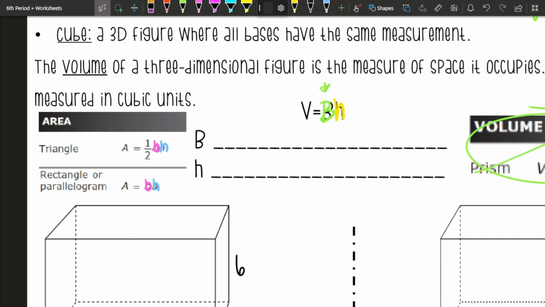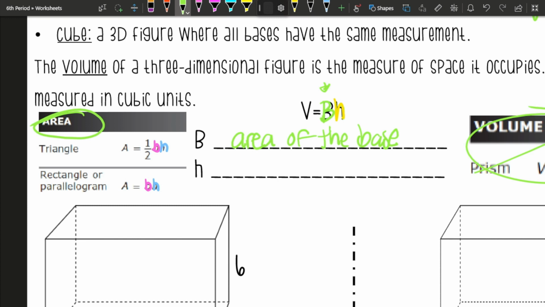So now, since we said we have a capital B, that must mean something, right? And we have a line in there that we're going to fill in. So uppercase B stands for area of the base. That's why we have these formulas right here. So that means that whenever we look at a shape, like the box, we're going to have to find the base and put the area where the uppercase B is.